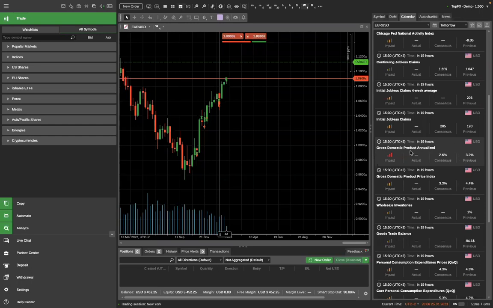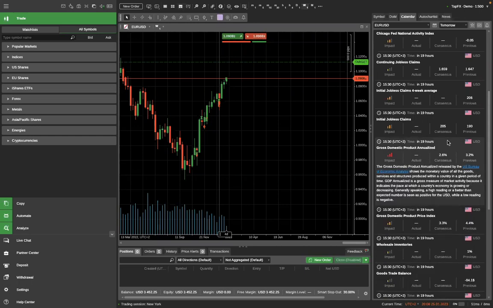So let's just stop a little bit here for a moment and find out what is exactly going on with this little feature here. This event, if you click on it, will be much more explained, right? Including the definition of the gross domestic product and how it affects the markets.